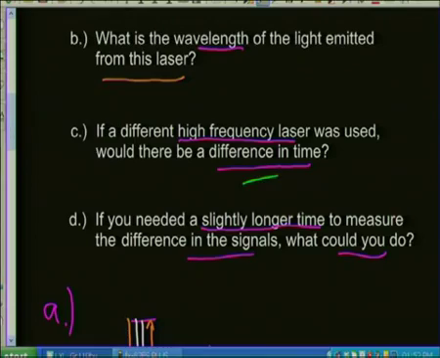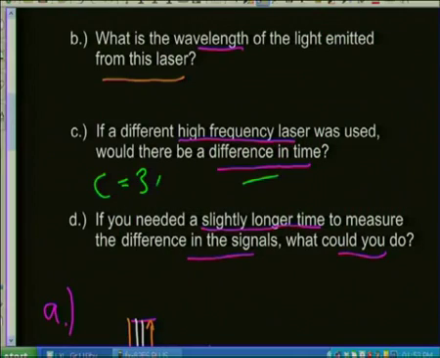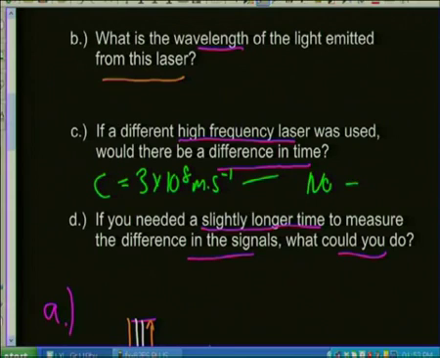Well, now, what we've got to recognize here is that visible light is part of the electromagnetic spectrum. And all light that is part of that electromagnetic spectrum travels at the same speed. The speed is constant. C is 3 times 10 to the 8 meters per second. So even if I increase the frequency, I'm not going to increase the speed. The speed will stay the same. So the answer to this is no. It will remain the same.